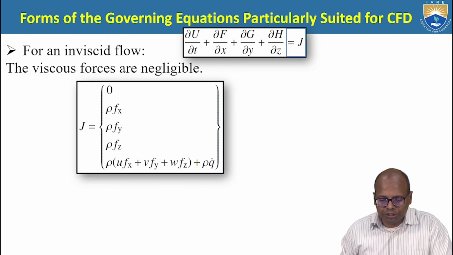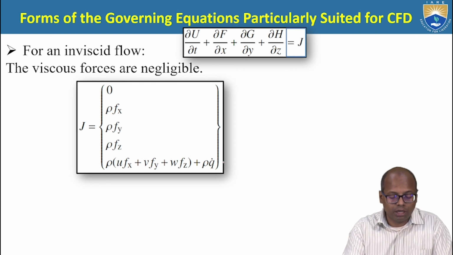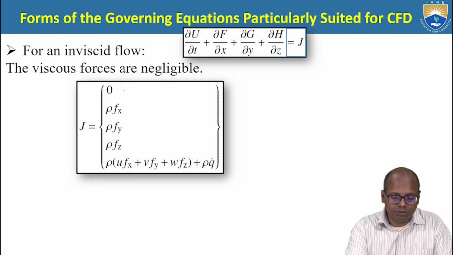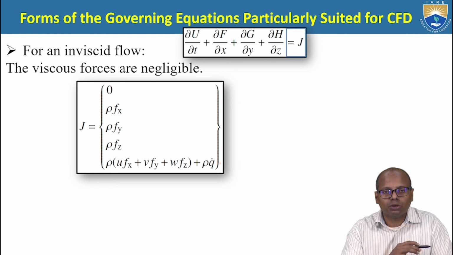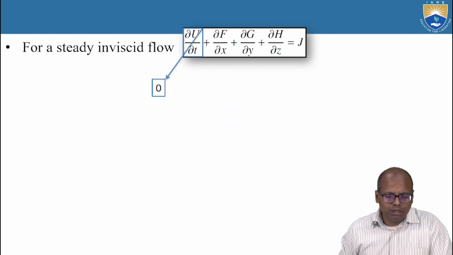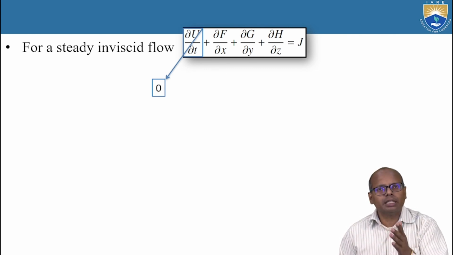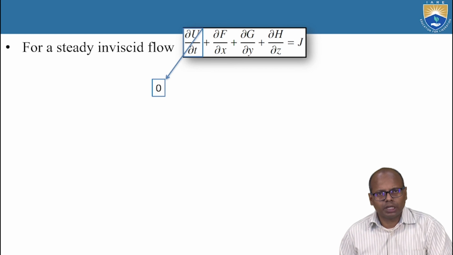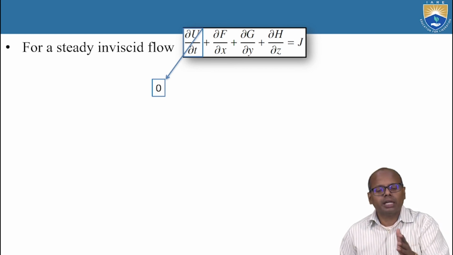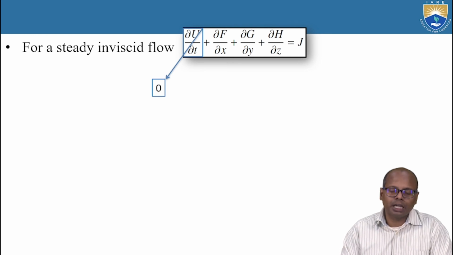Similarly, if I come to J, the J term is this, which we have already derived, and if you see there is no viscous term, so J is going to remain the same. Now if the flow is steady and inviscid, then what is happening?